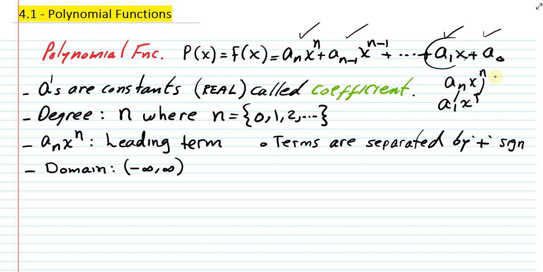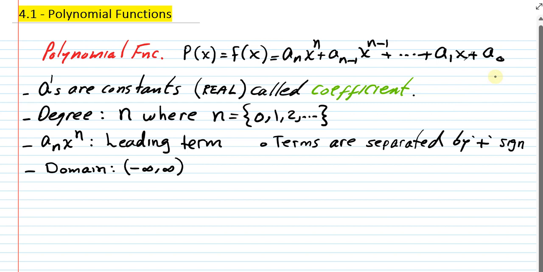Even the constant term, a sub 0, is a sub 0 times x to the 0. So it is in the form, because x to the 0 is 1, provided x is not 0 itself. And for the constant term, it doesn't have to be 0. X is not 0. So those become the terms of the polynomial function.